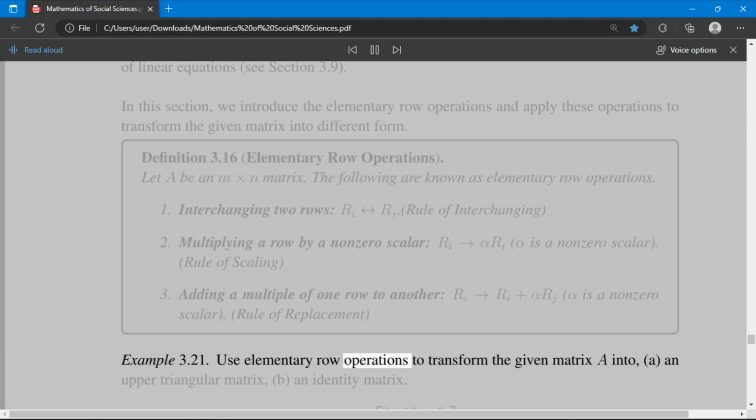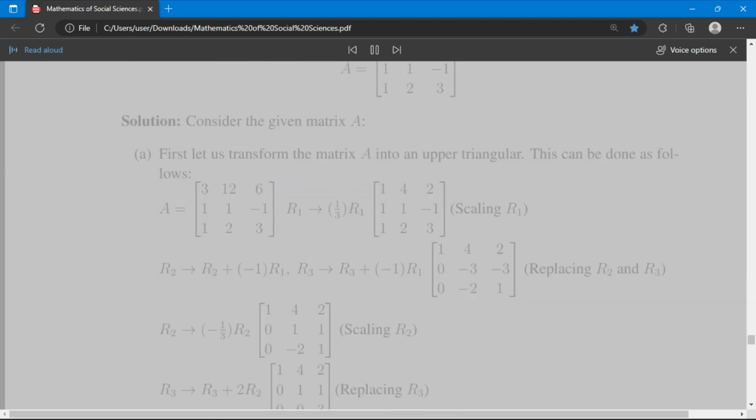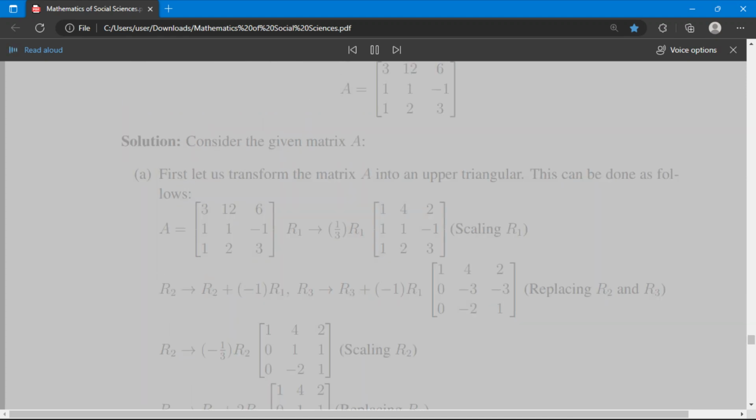Example 3.21. Use elementary row operations to transform the given matrix A into A, an upper triangular matrix, B, an identity matrix.